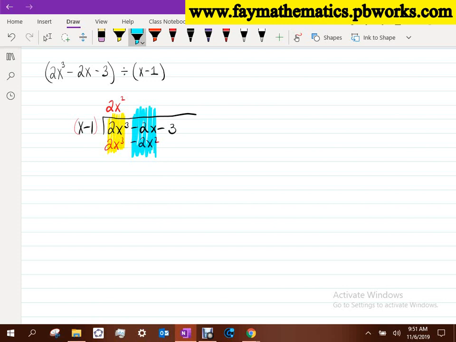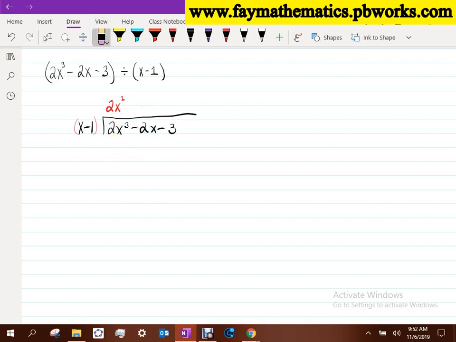You can still do the work without it. You just have to realize that I'm not subtracting anything from the x, and I'm not subtracting anything from the 2x squared. So it's going to be minus 2x squared minus 2x minus 3 that I bring down. Does that make sense? You just have to be leery of that and pay attention to that. If you're not paying attention, you can obviously miss the problem.